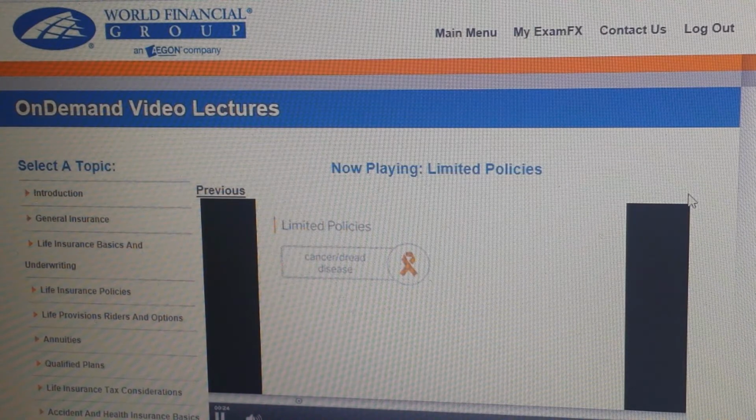If you had one of these policies, this policy would pay a predetermined dollar amount per day, let's say $100 per day, for every day that you're in the hospital because you have a diagnosis of cancer or whatever dread disease you chose for your policy. And it's over and above any other kind of insurance you might have. And you could have 6 of these policies and they would all pay off. They do not follow the principle of indemnity.